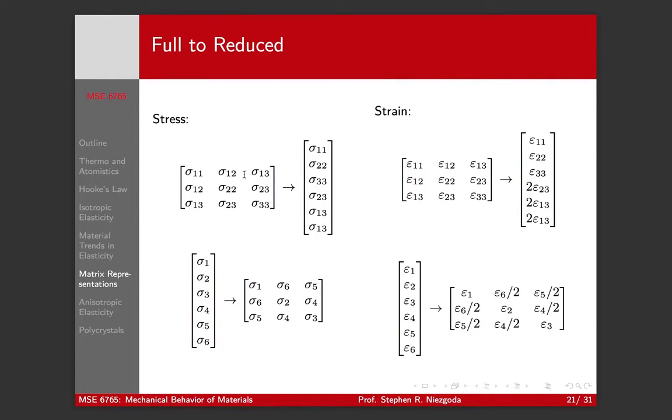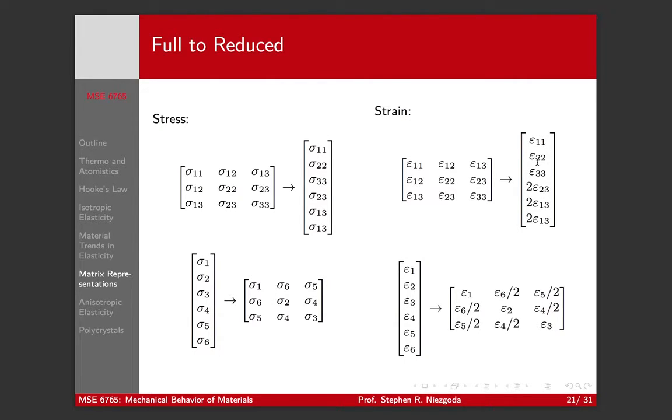So it's sigma 1 1 equals sigma 1, sigma 2 2 equals sigma 2, sigma 3 3 equals sigma 3, sigma 2 3 equals sigma 4, sigma 1 3 goes to sigma 5, sigma 1 2, there's a typo there, dang it, is sigma 6.